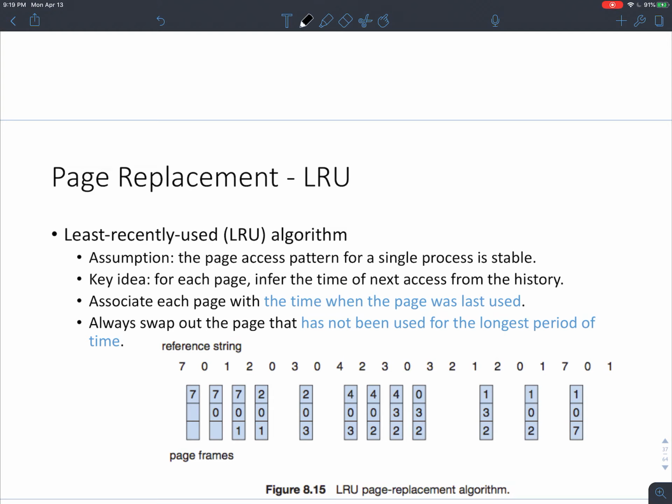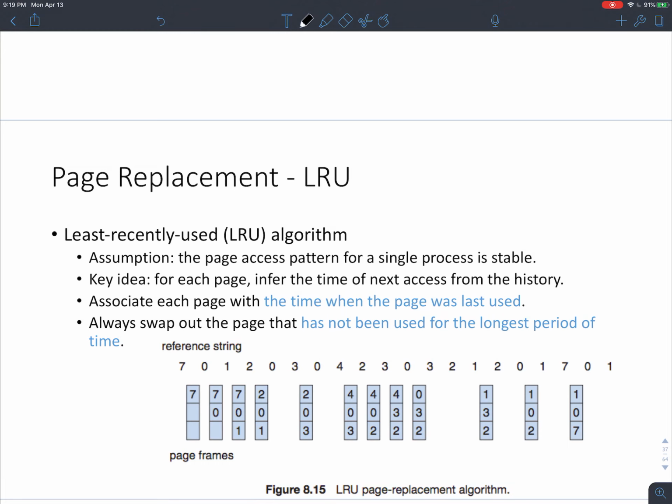Then the idea is that if we need to swap a page out, we swap the page which has not been used for the longest period of time.